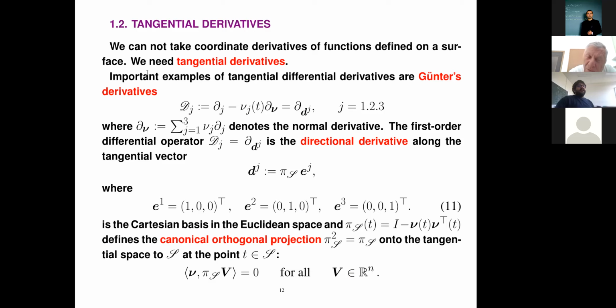Okay, what advantages has this Günther's derivative? I will show you that they are very convenient for considering such problems. First of all, it is a tangential operator and gives the possibility to apply them to functions which are defined only on this surface.